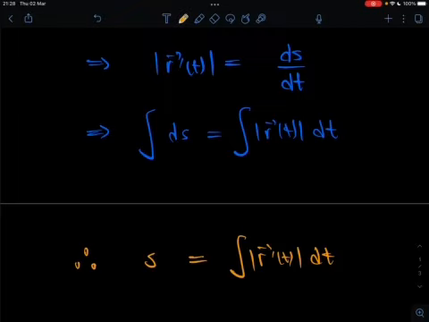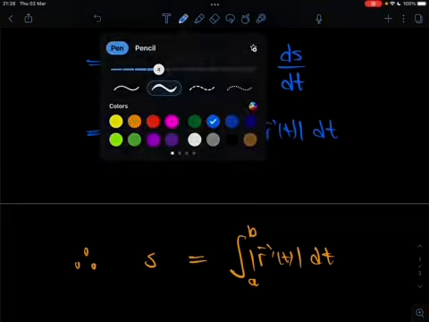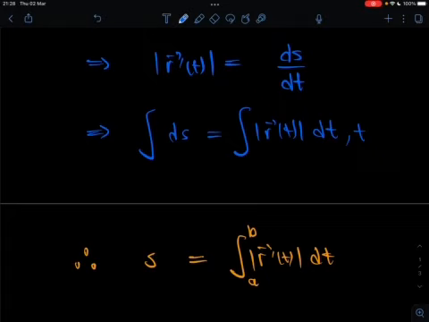You see, and most of the time, since we're always interested in measuring the length of a curve between two particular points, you will find that this integral will be from the limit a to b, since most of the time the parameter t that we always use in problems ranges between some values a and b, like that, you see.